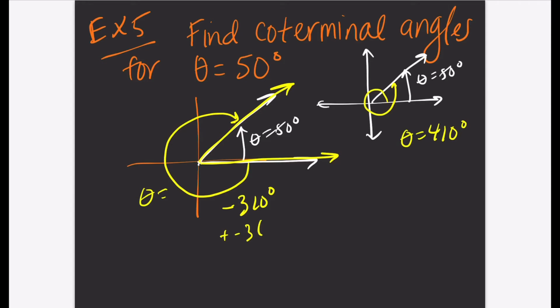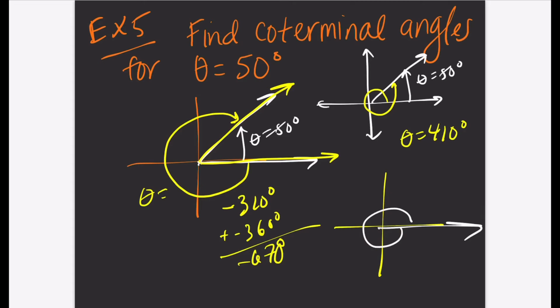So add negative 360 degrees. That will leave you at negative 670 degrees. Because if you graph it, here is the initial side, one full revolution, and if you go 310 degrees more, it lands you at the exact same spot as theta equals 50 degrees. So remember, a coterminal angle is the angle that starts and ends on the same side.